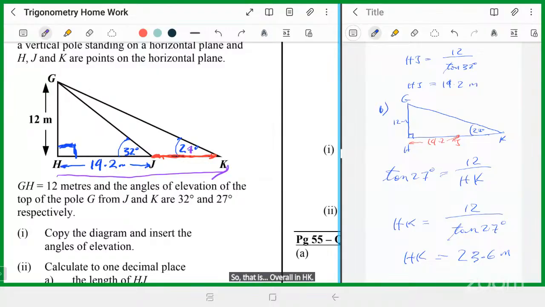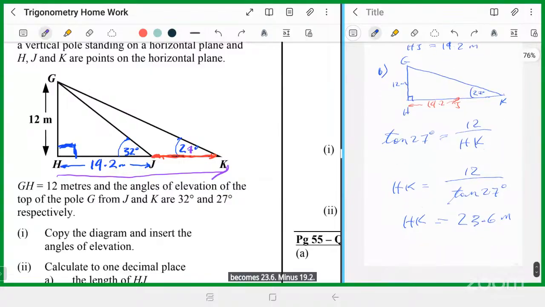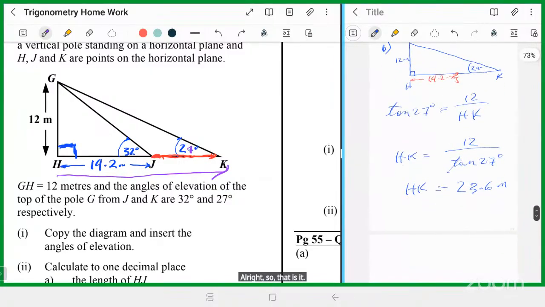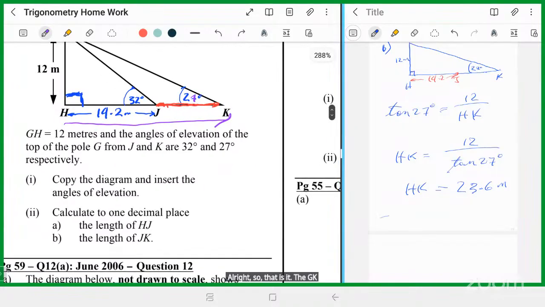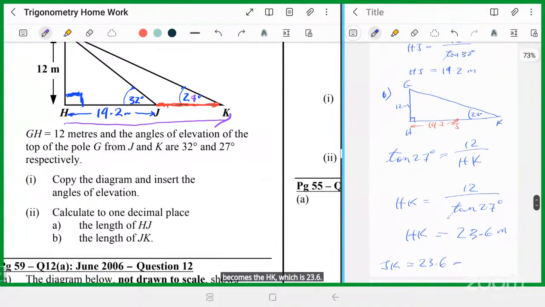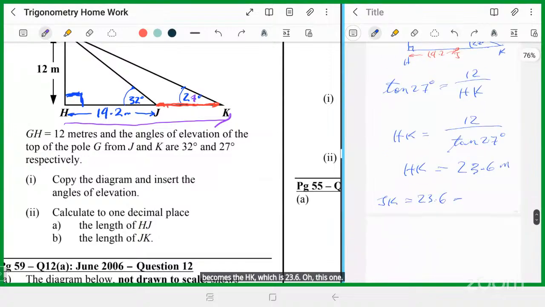So the small little piece that you want right here now becomes 23.6 minus 19.2. Right, so that is it. The GK, which is what you want, becomes the HK, which is 23.6, minus this one, 19.2.